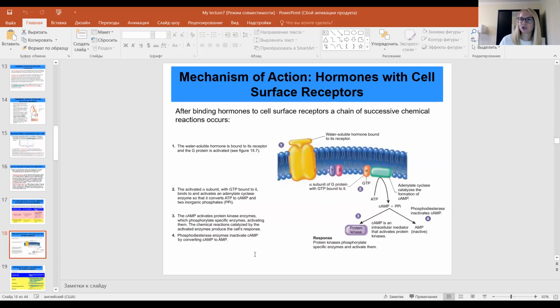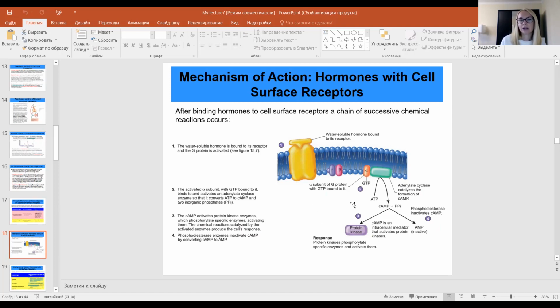And the mechanism of action of these two types of hormones is different. So what is the mechanism of action in case of cell surface receptors? First step, the water-soluble hormone is bound to its receptor and the G protein is activated.